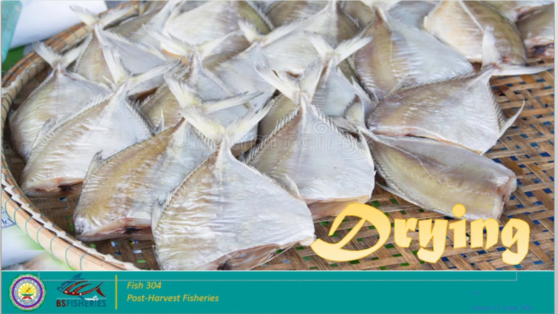And when our product reaches 10% moisture content, the mold growth is completely suppressed. Suppressed means it will no longer occur, it is completely prevented. So at 10% moisture content, molds can no longer grow.